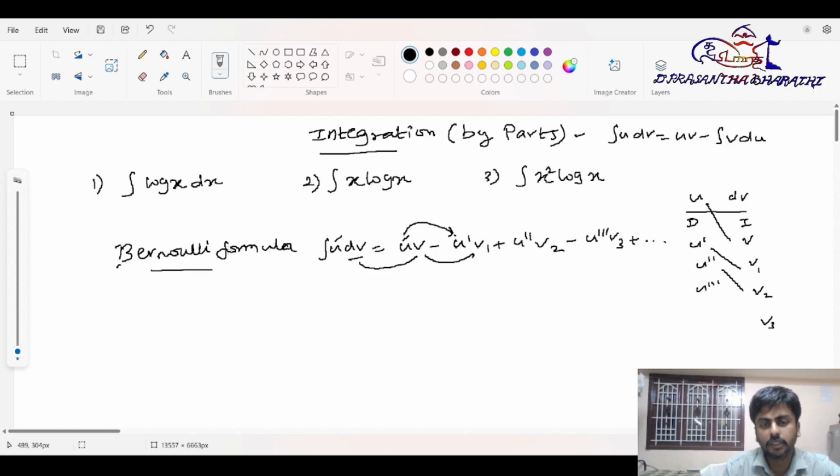So Bernoulli's formula is the generalized formula for integration by parts.